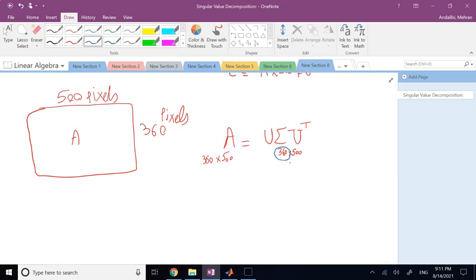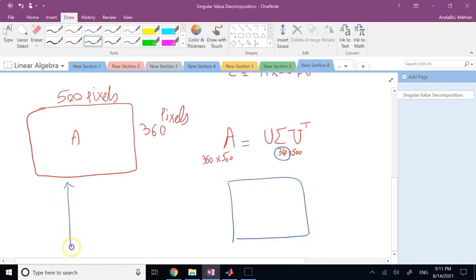So instead of considering the sigma to be 360 rows, right? If you look at the magnitudes of the sigmas, so this is sigma versus sigma number, you see some of them are very large, but they drop very fast.